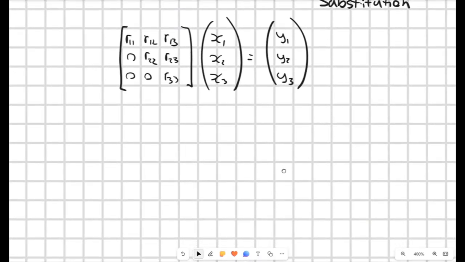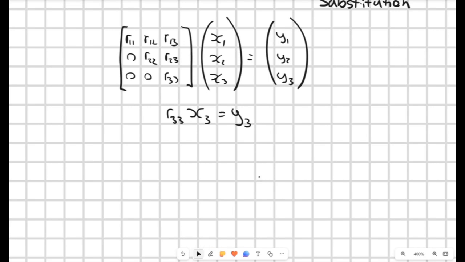So to solve for x3, what we're going to do is look at what happens if we multiply this third row by this column, because we'll have 0 times x1 plus 0 times x2 plus finally r33 multiplied by x3 is all equal to y3.